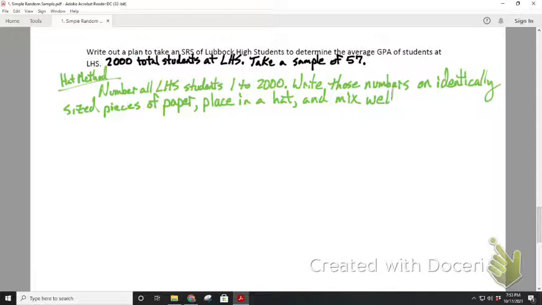Some people argue about this method and whether or not probability changes based on the order that people put their piece of paper in the hat. Well, AP has decided as long as you say mix well, you're safe. Don't worry about that. All right, let's see. Draw 57 papers without replacement.